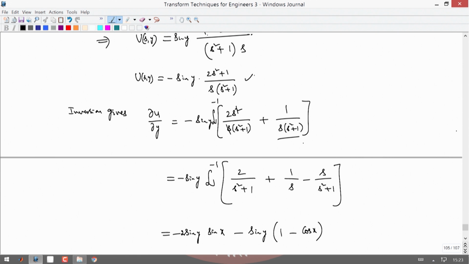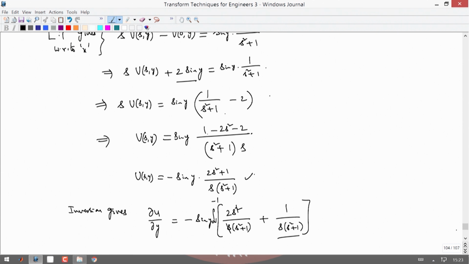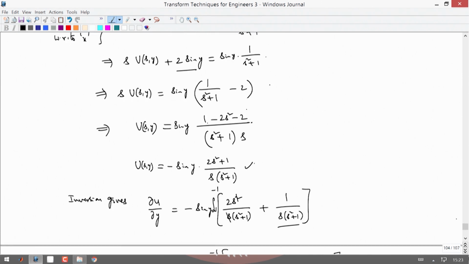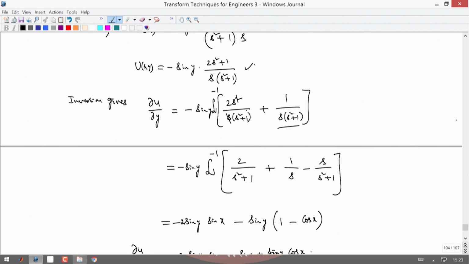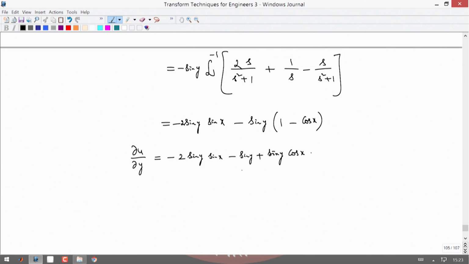Did I make any mistake here? So, you have, let me check, minus 2 s square minus 2. So, it is going to be minus 1 minus minus plus, yeah, fine. 2 s square by this, s goes, you have 2 s by this. Oh, you have s here, you have s here. So, 2 comes out, so 2 s, this is 2 s. So, let me change this.